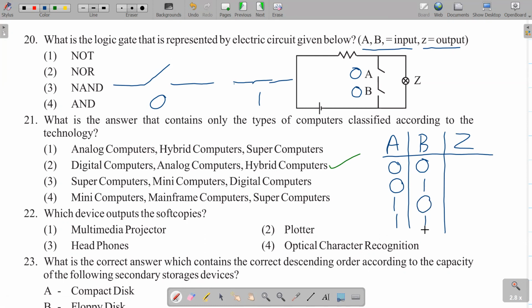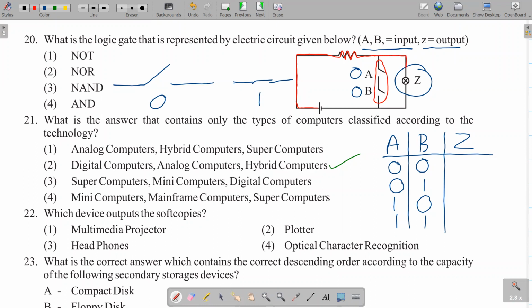Now we have to figure out what happens to the bulb, the output, whether it lights up or whether it turns off due to the arrangement of the switches. So if A is open, that means A is 0, B is 0. Now, according to electronic science, there will be a current going through this resistor, and if these two are open, this particular road is not completed, so we can't go there.